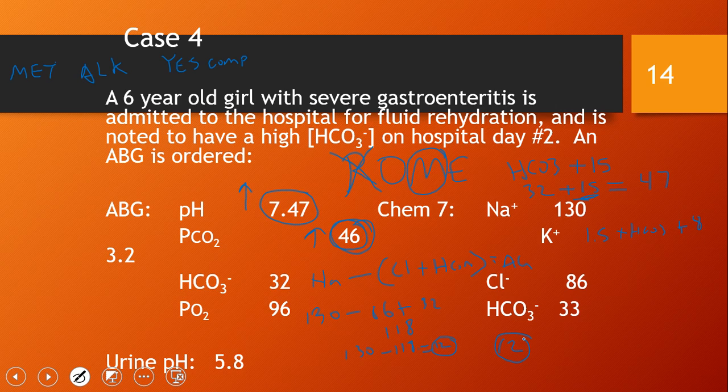So this would be a non-anion gap metabolic alkalosis. Now what do we do? I guess you could do the delta-delta, although I've never understood why that's useful, so maybe we won't do it. Okay, so non-anion gap metabolic alkalosis.